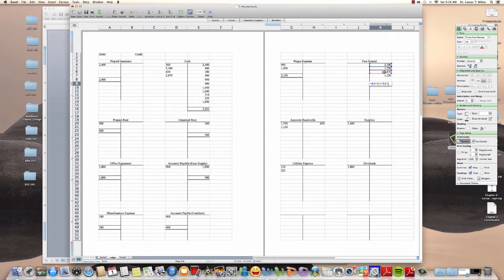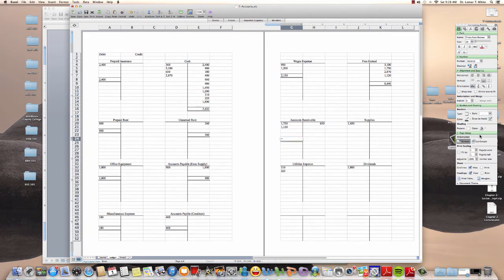I'm just going to go through and add up the numbers for all my accounts. Accounts receivable, I have two numbers on the left and one number on the right. So I am going to add up all the numbers on the left, take the sum of these two numbers, and subtract the number on the right.